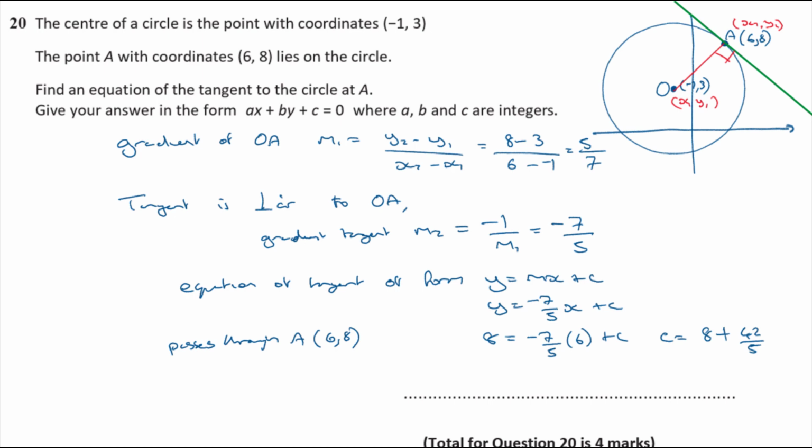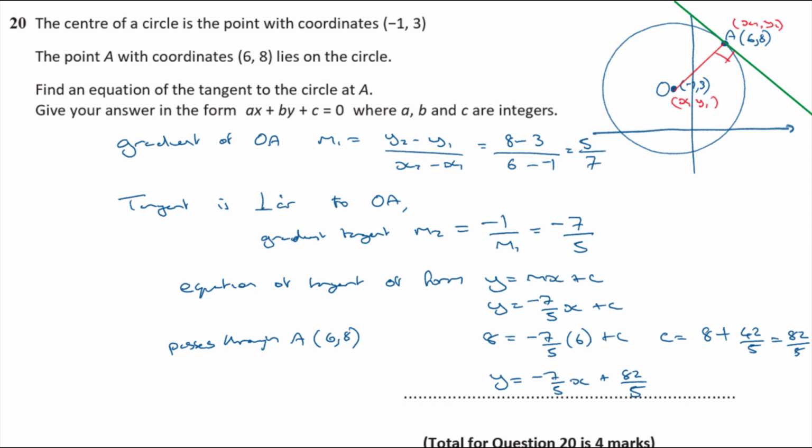Well, 8 is 40/5. So adding them together, that's going to be 82/5, isn't it? So that's equal to 82/5. I'm just going to leave it as a fraction, I think. So therefore, y is equal to minus 7/5 of x plus 82/5.